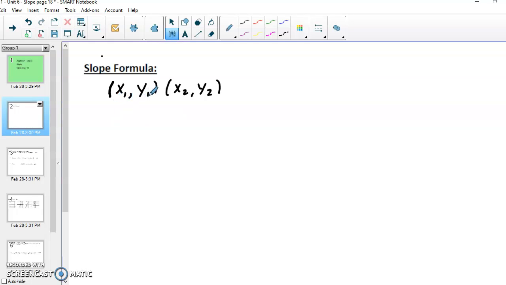This little number here is called a subscript. It's just a little number. The 1 indicates that it's the first point, and the 2 just means this is the second point. So the slope formula is this. Slope equals.